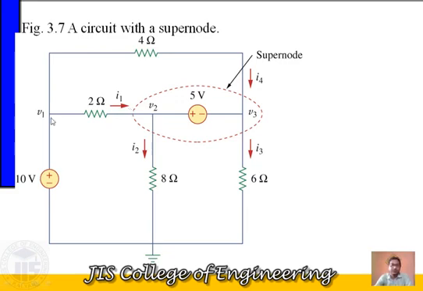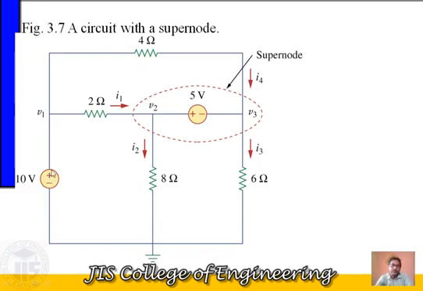So for this V1 node, as this voltage source is connected between one reference node and one non-reference node, we have no issues. We can directly calculate this voltage. If we consider 0 voltage is over here, we can easily write that this 10 volt positive side is connected over here, so V1 is equal to 10.